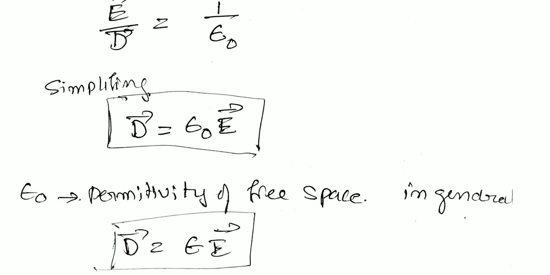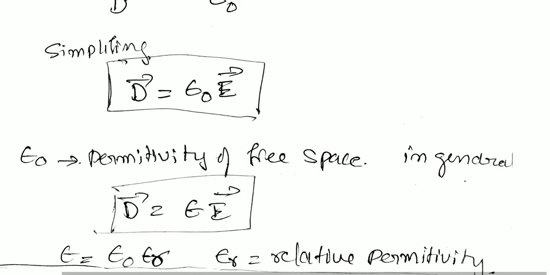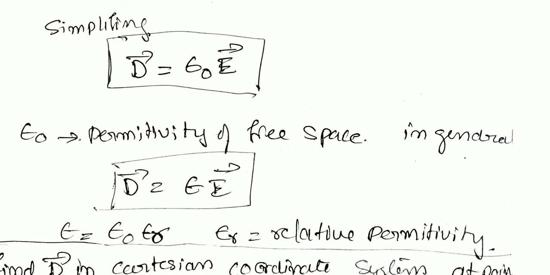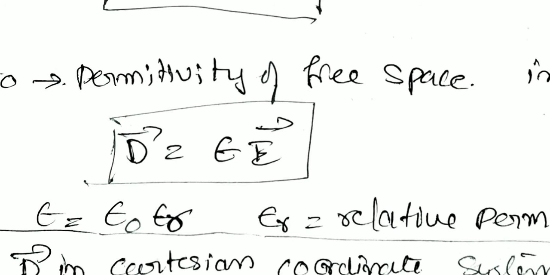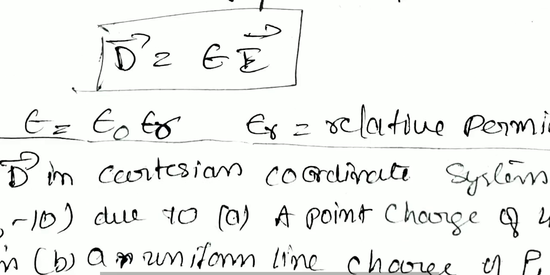If free space is present between the two spheres, then this is the case. If any other dielectric is there, in general I can give D is equal to epsilon into E, where epsilon is given by epsilon naught into epsilon r. Epsilon r is the relative permittivity. You have to remember this formula, it is very important. D is equal to epsilon into E.